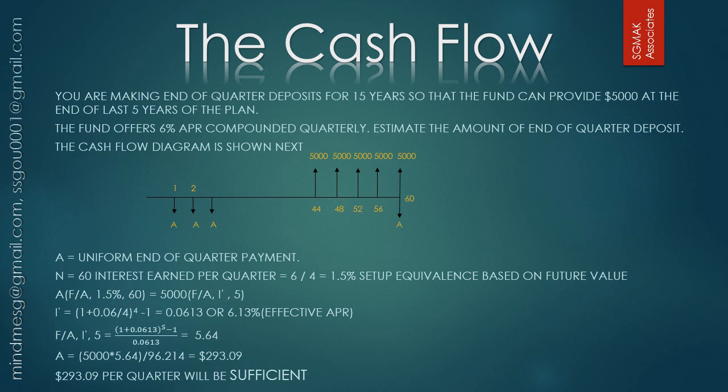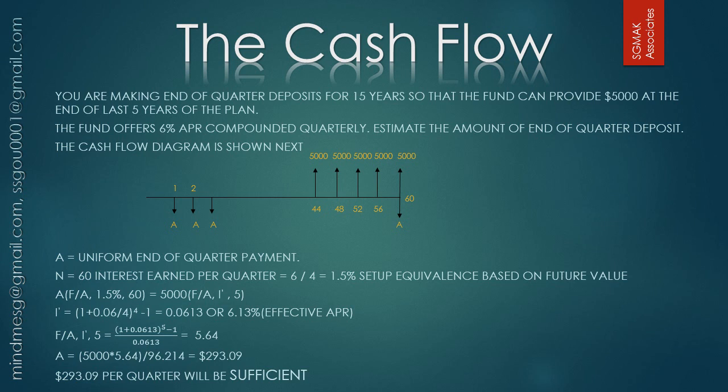So the parameters are: N equals 60, the plan period of 60 quarters, and the interest rate per quarter is 1.5%. The problem we are solving is in terms of future value. So you have moved the cash flow to time t equals 60. For convenience; it could have been solved in terms of present value also.